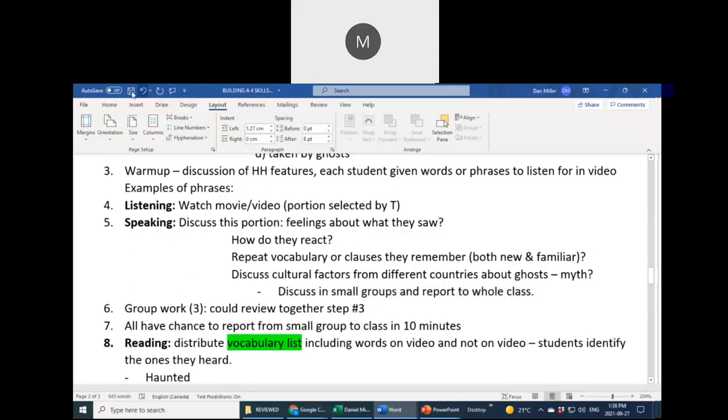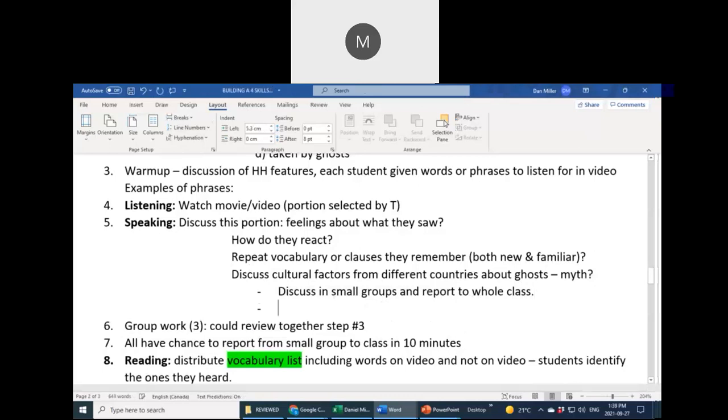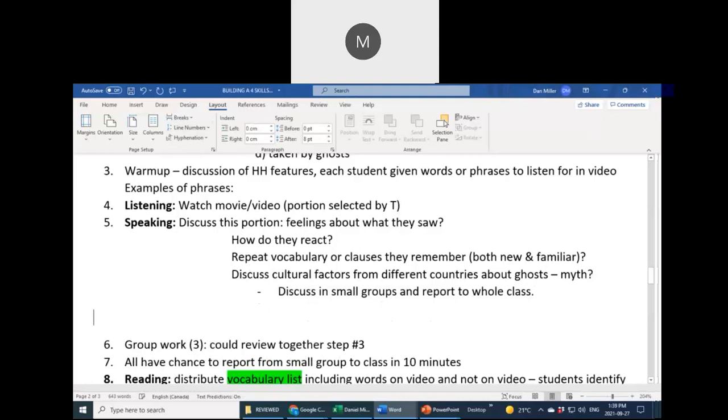Any other points, folks? What other questions could we ask them? Maybe students can talk about experiences they have had.